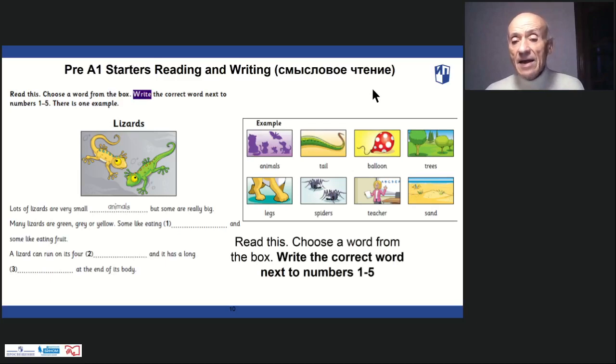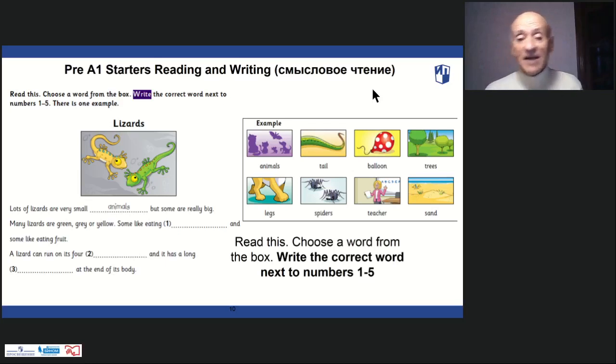Some like eating, and we take a look at what lizards may like eating, and perhaps we'll stop at, could you give me the answer? Many lizards are green, gray, yellow. Some like eating what? Spiders.